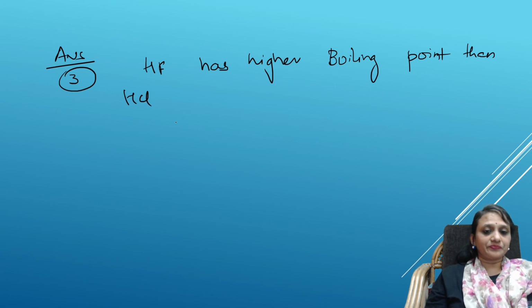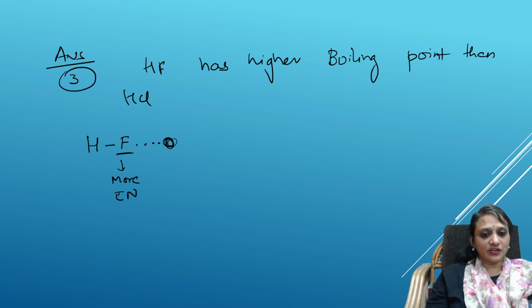What is the reason? Now, in HF, fluorine is more electronegative, so it's going to form hydrogen bonding. It's going to link with the hydrogen, the more electronegative atom, right?